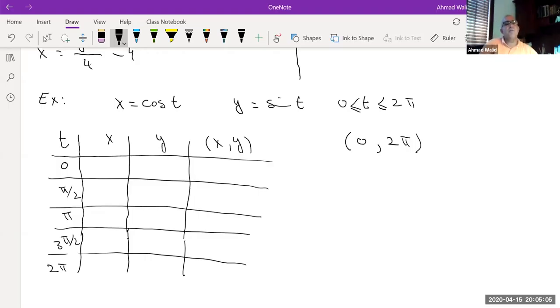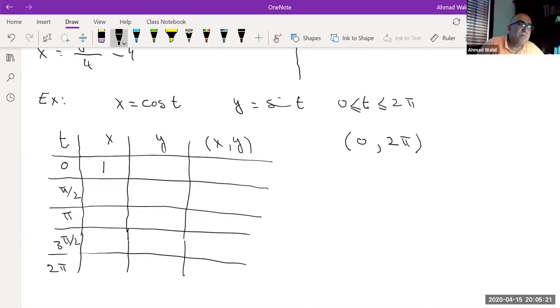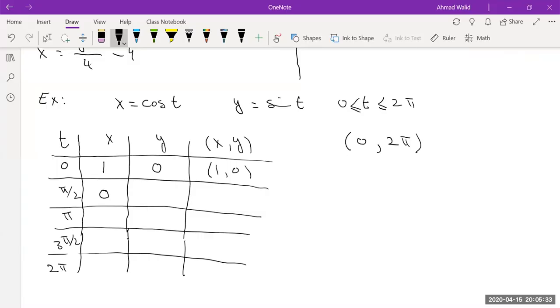Plug in, give me values. When you plug in 0 in cosine t, what is cosine of 0? 1. Sine of 0? 0. You see, you got a point, 1, 0. What is cosine of pi over 2? 0.